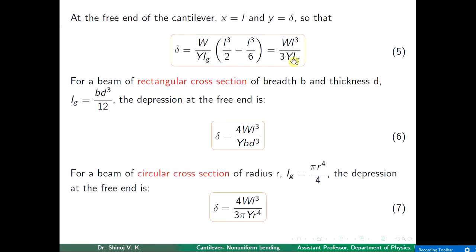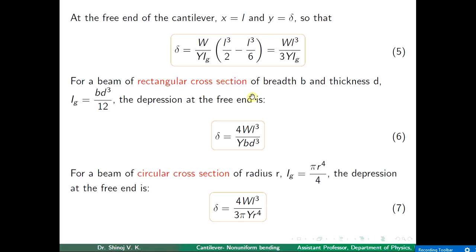We substitute those two here, so that you get the expression for delta, which equals W/Yig (L³/2 - L³/6), that is equal to WL³/(3Yig). This is the general expression for the depression of a cantilever of length L loaded with a load W.